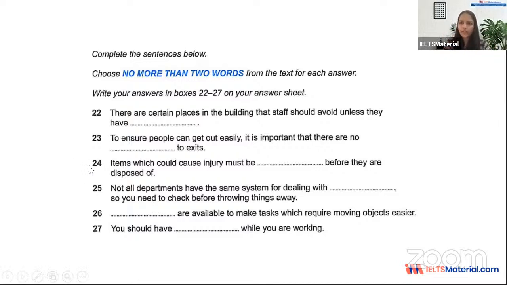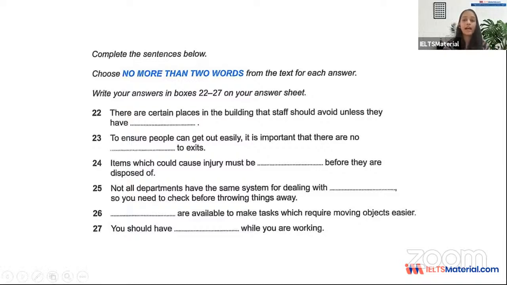Now let's see the 24th question. Items which could cause injury must be blank before they are disposed of. Now, of course, here we are going to write an answer in the verb form, right? Not a noun or an adjective. So this is something that we can keep in mind. And of course, when we read the questions, we will come to know what answer is going to come up.